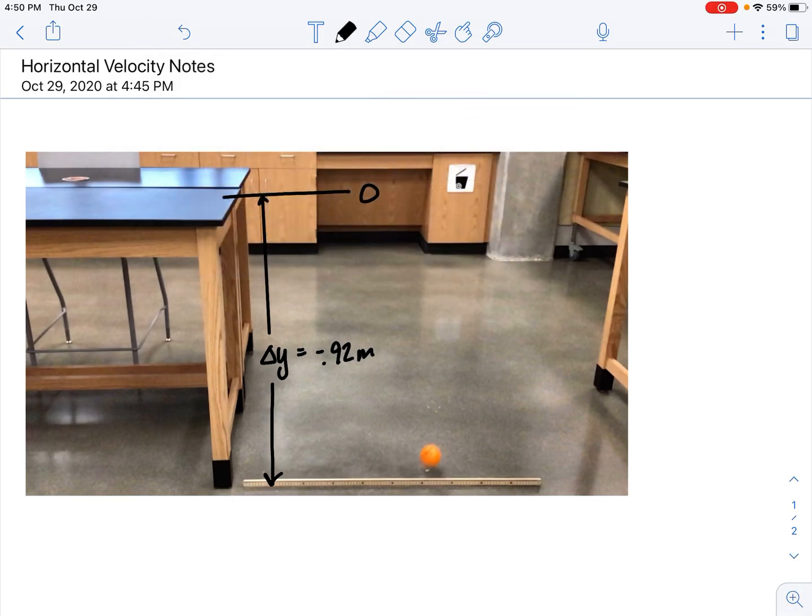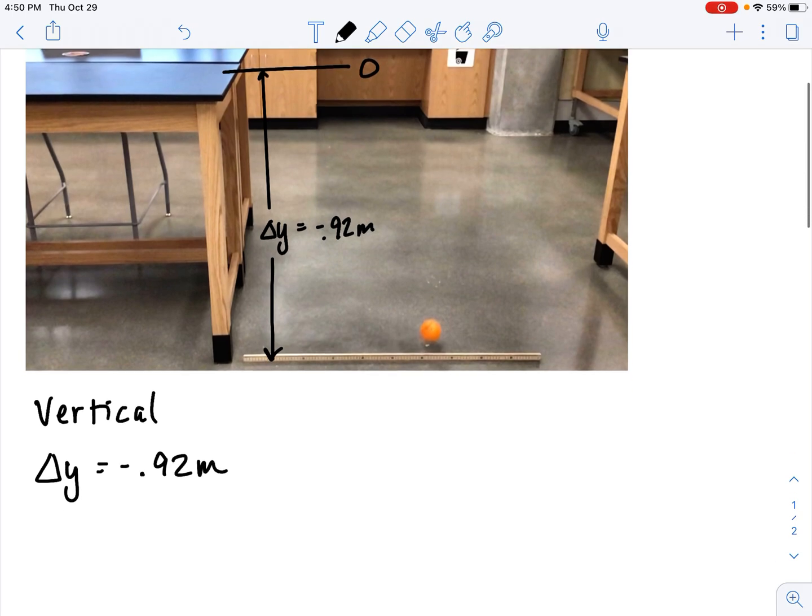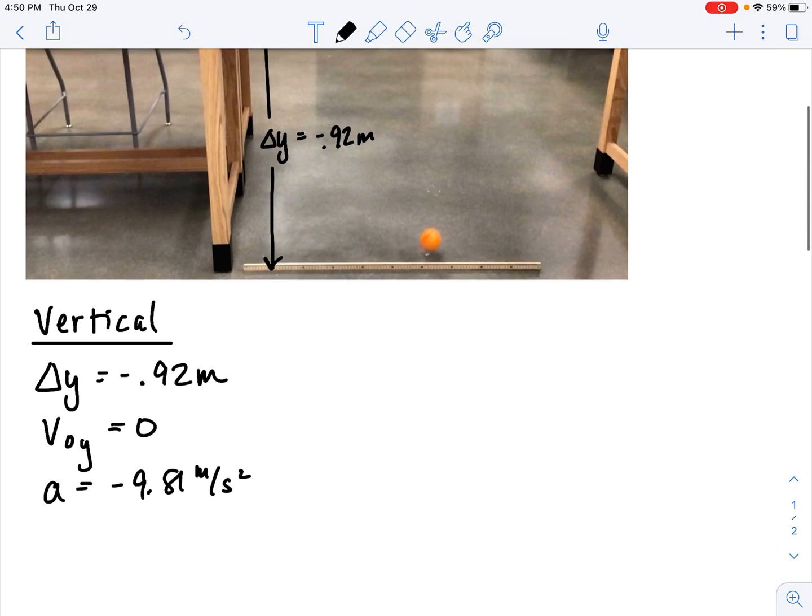Let's see, what else do I know in the vertical direction? I know that delta y, again, was negative 0.92 meters. I know that the initial vertical velocity is 0. I know that the acceleration is negative 9.81 meters per second squared. So I actually have quite a bit of information.